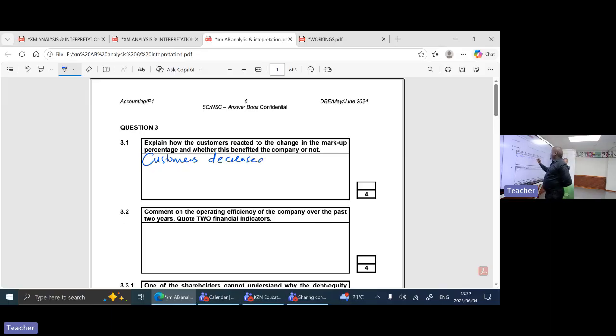The number of customers decreased. Last year we had 280 customers. This year we've got 245 customers. From 280 to 245, by how many customers? If you look at that, 280 minus 245 is 35.